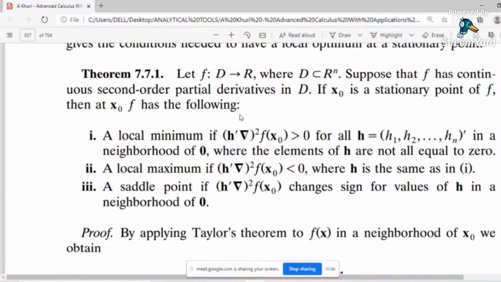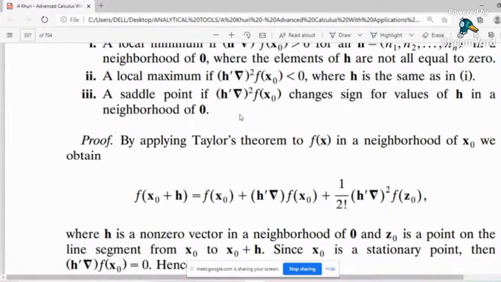A saddle point if h prime del square f of x naught changes sign for the values of h in the neighborhood of 0. That's the condition for the saddle point. You have seen the types of saddle points. The mathematical verification can be done through this third condition.